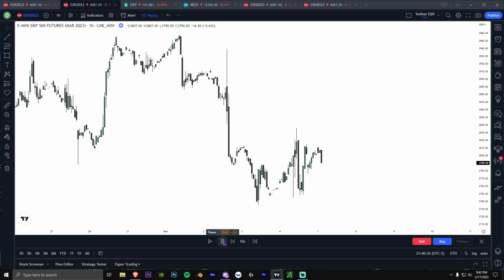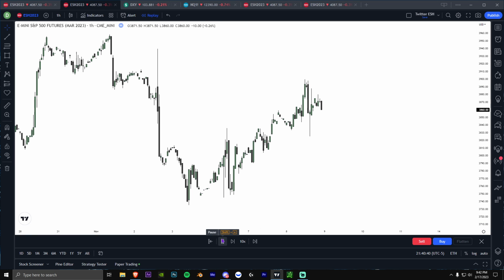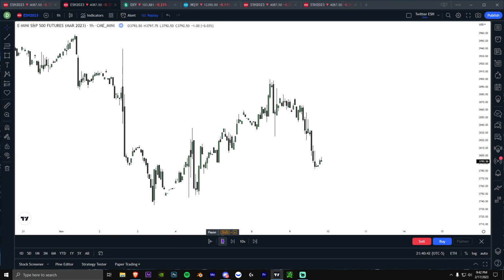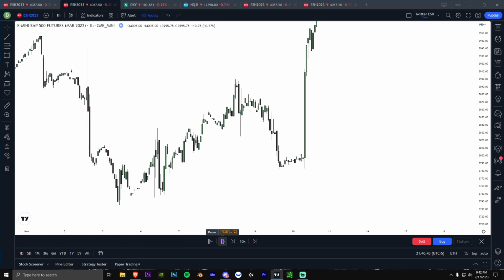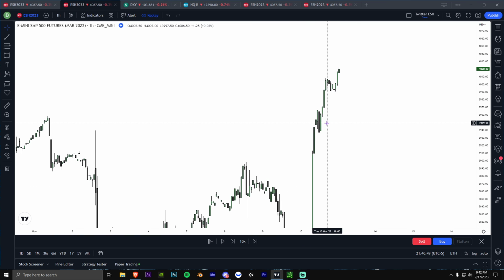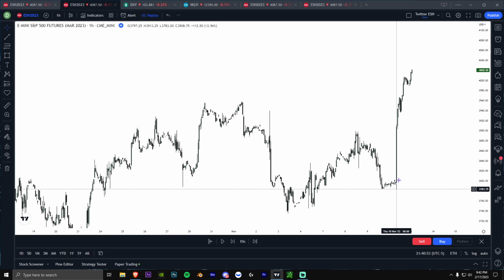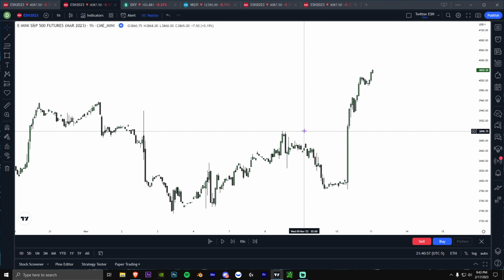I'm going to wait till it starts getting better. Okay, guess this is fine now. Alright, so what am I looking for here? This must be a CPI or something.